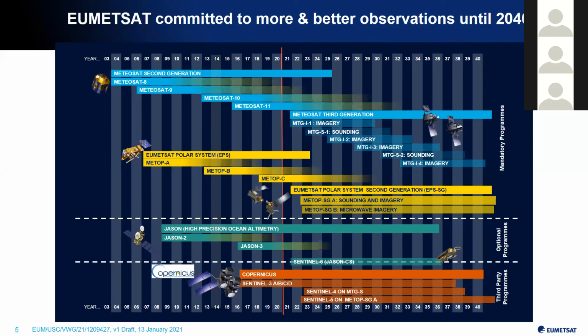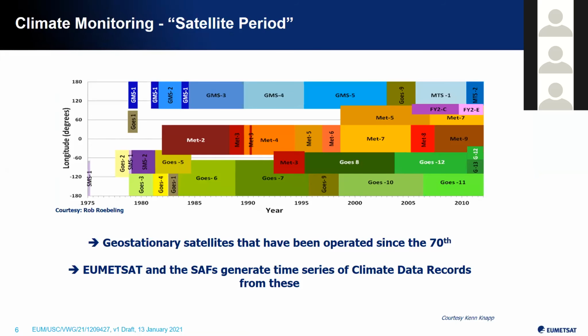Doing satellite business in the way EUMETSAT does it is a long-term task. We're involved from the very beginning of gathering needs and developing a satellite until launching it and operating it. So we're working on long timescales, which you can see here. This means planning ahead quite far, but it also means looking back. What were satellites able to gather? Which information can they provide us about the past?